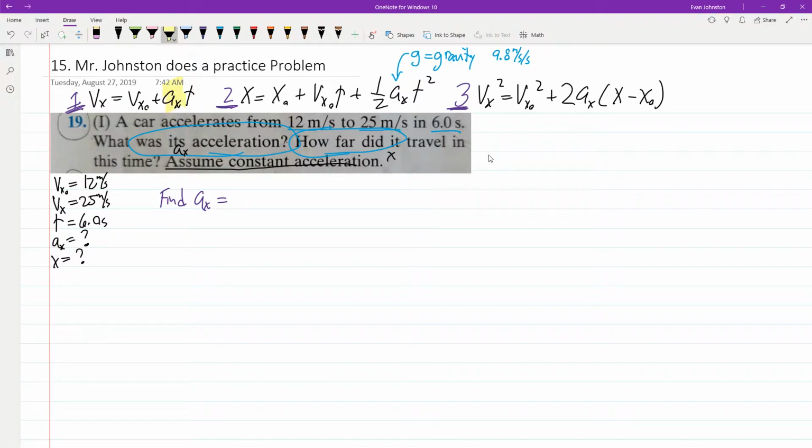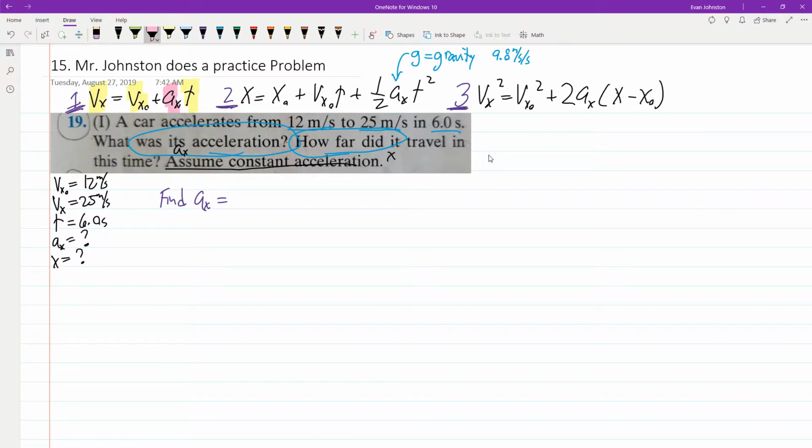This has a in it. This has a in it. This has a in it. So looking at the a, what we're trying to find doesn't really help there. But which one has time and both velocities? In other words, which has the stuff that we know? So this has both velocities and time, and it has the thing we're looking for.